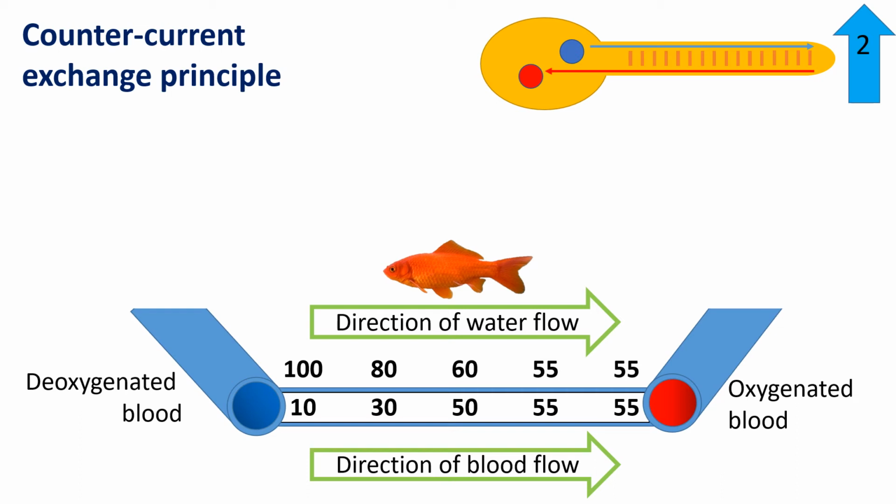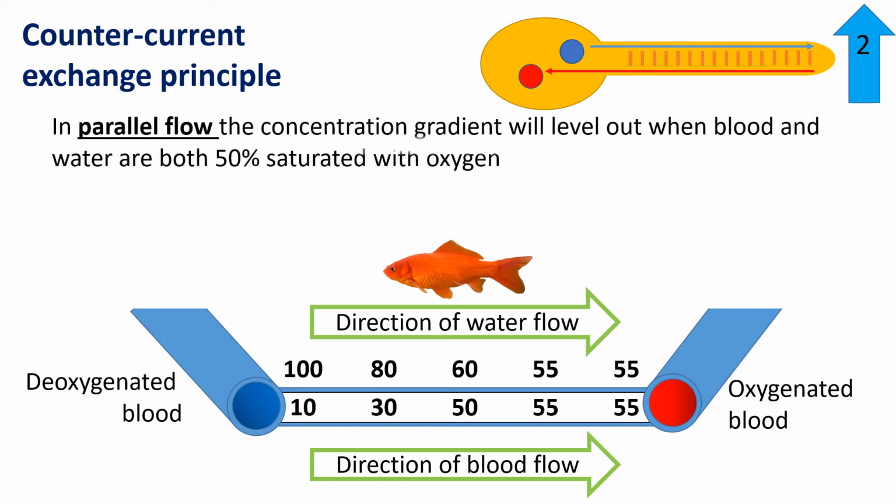Hence, the concentration of oxygen inside the blood capillary is increasing, and the concentration of oxygen in the water outside of the blood capillary is decreasing. And that's fine until we get to the point where we hit equilibrium. And equilibrium, remember, is where the rate of diffusion is equal in both directions because there is no difference in the concentration.